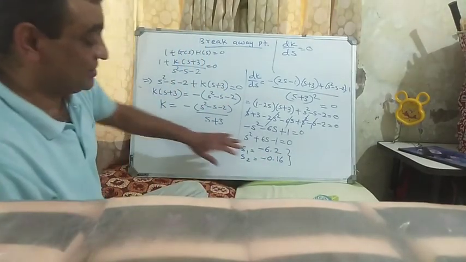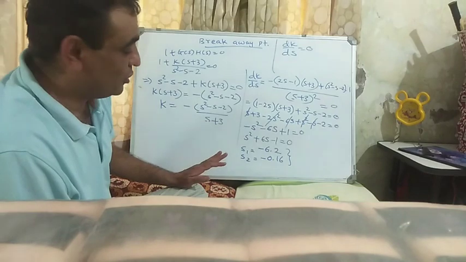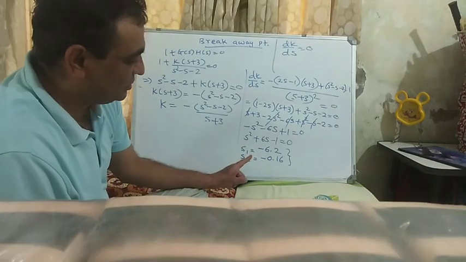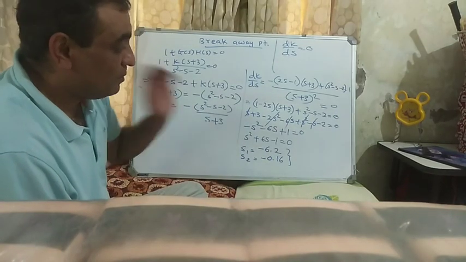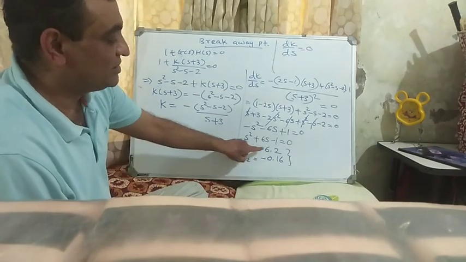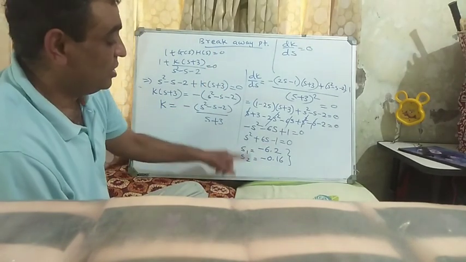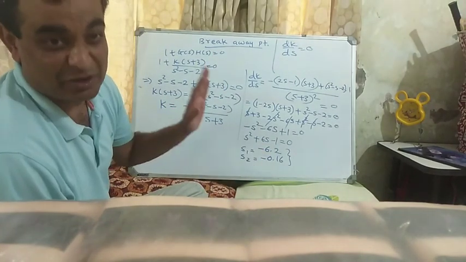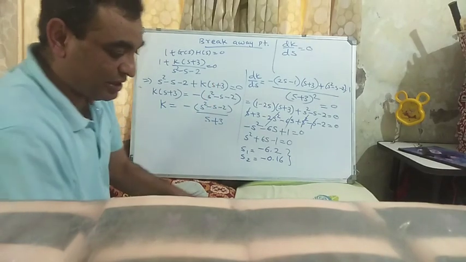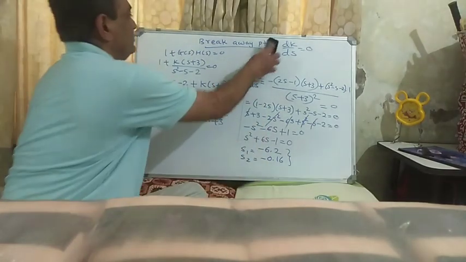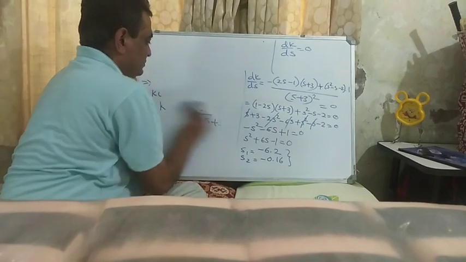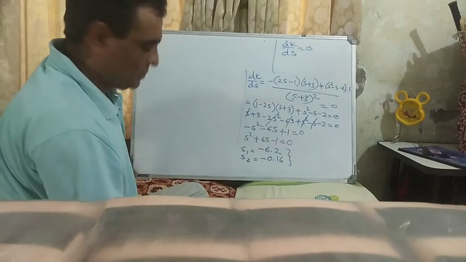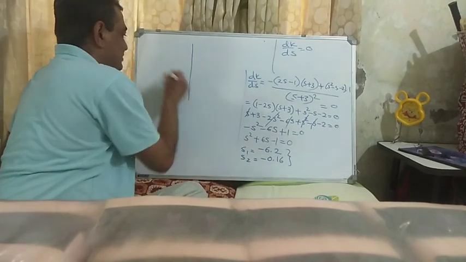Now I need to select whether they are breakaway points or not. Both are real candidates, so the chances would be more, but I need to see whether minus 6.2 is a part of the root locus, or minus 0.16 is a part of the root locus or not. Earlier we have seen that it was something like this.